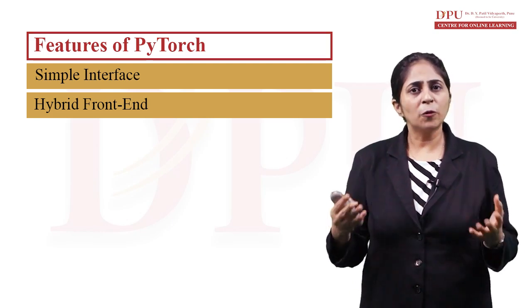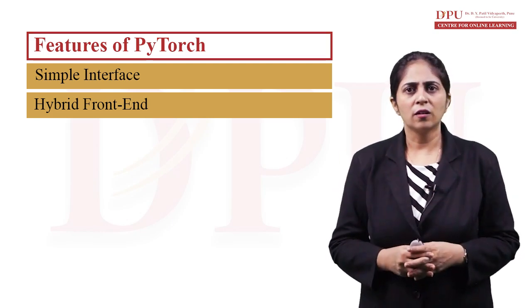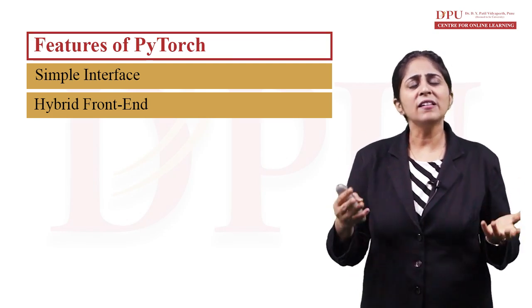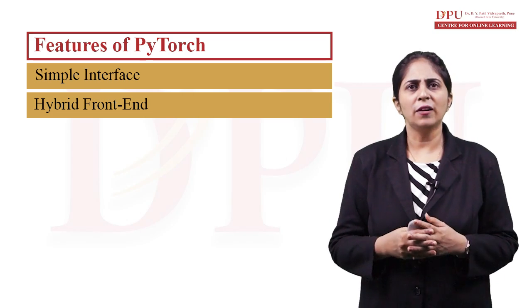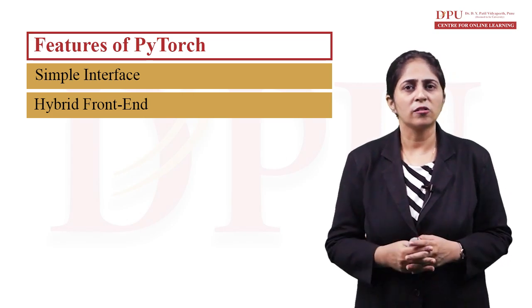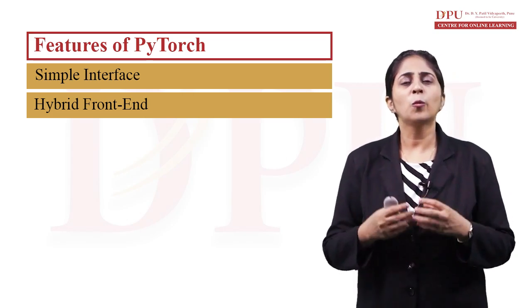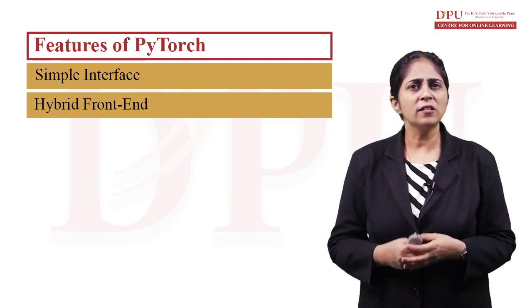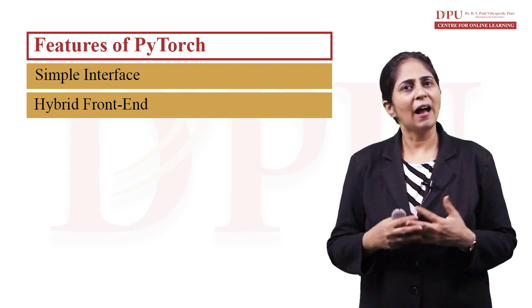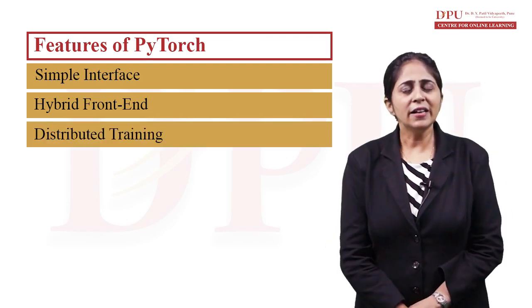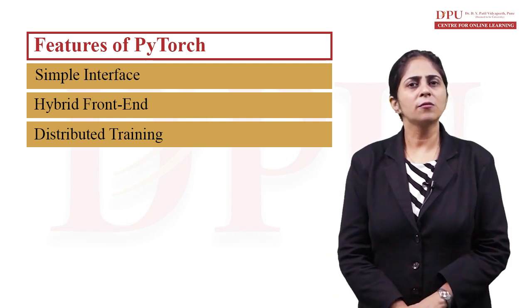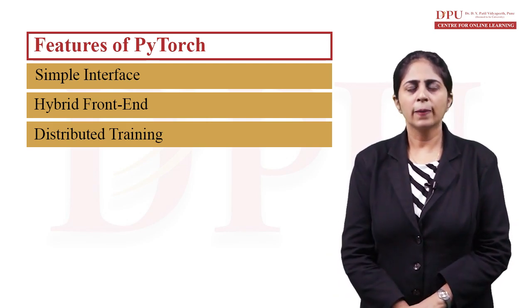It provides us with speedy work and optimization work. So all these things become very easy when we are working on PyTorch. So the second important feature why today we prefer to use PyTorch is that it provides us with a hybrid front end.